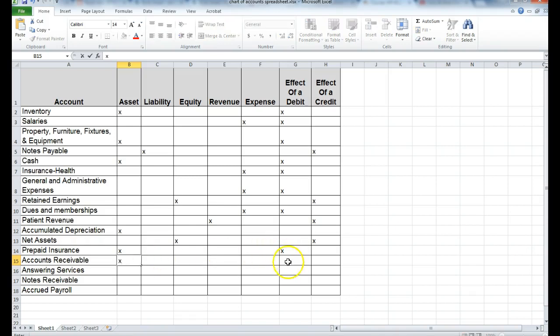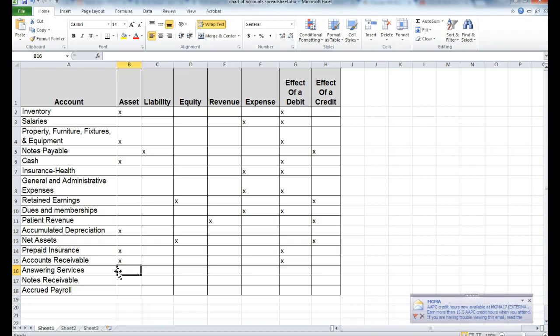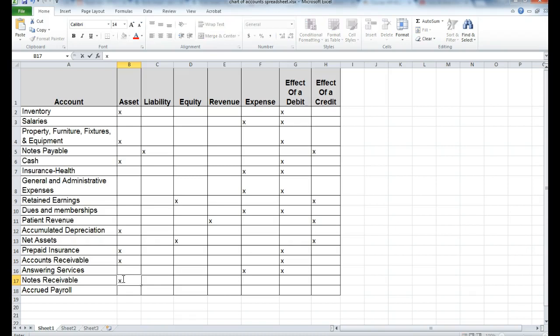So that is an asset, and that increases with a debit. Answering services, another way could be answering services expense, and so that is an expense, and it increases with the debit. Notes receivable is when we've loaned money or provided resources or money in advance, and so we are going to receive payment, so that is an asset as well, and the effect of that would increase with a debit.